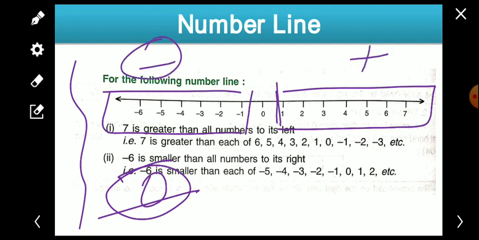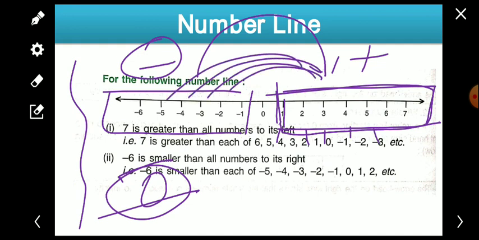We can see that all the positive integers are on the right side of the negative integers, and we know that whichever is on the right side is the bigger. It means all the positive integers 1, 2, 3, 4, 5 are on the right side of each and every negative integer.